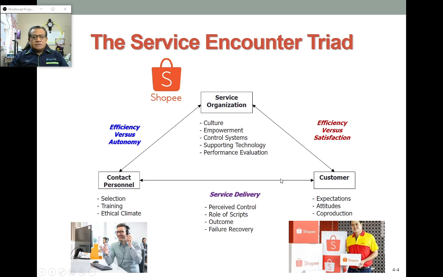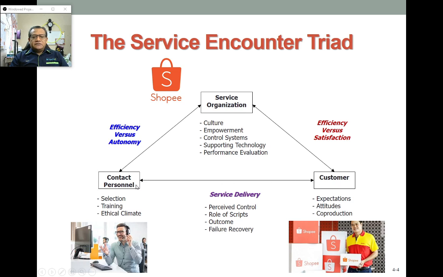So the customer also has a bi-directional relation with contact personnel. This contact personnel is basically a Shopee appointed service representative, and normally contact personnel are selected very carefully and trained in many parts of dealing with the customer. The contact personnel is actually the window to the company and also the gateway to the customer itself.